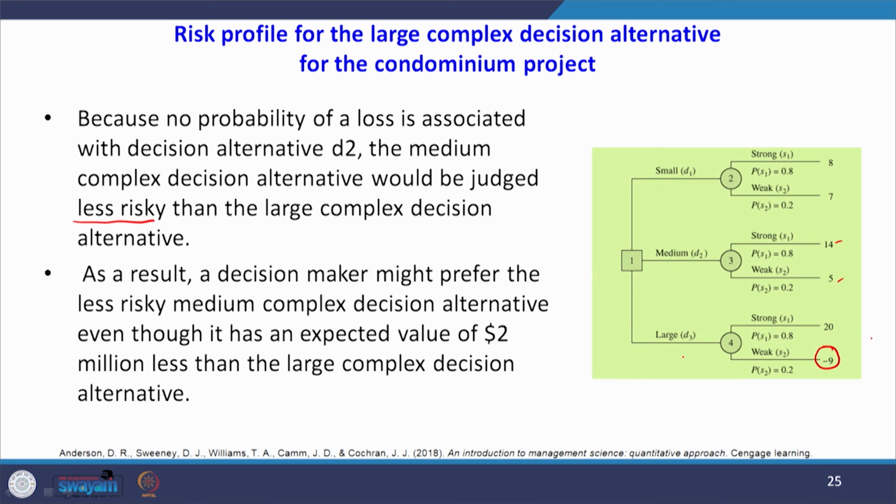So, we can say the D2 decision is less risky than the large size complex. As a result, the decision maker might prefer the less risky medium complex decision alternative, that is D2, even though it has an expected value of $2 million less than the large complex decision alternative. So, here it is 12.2, and this is 14.2. Even though the difference is $2 million, still some people may prefer the medium size condominium.